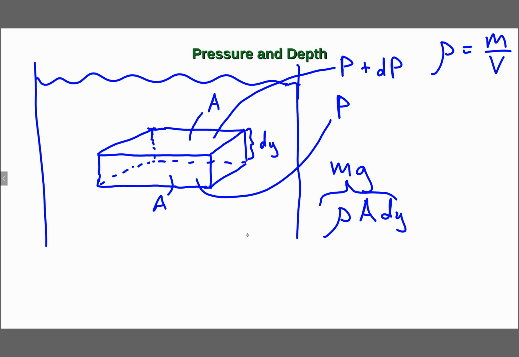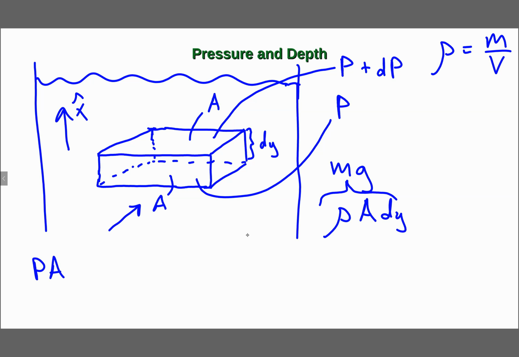So for Newton's second law, I just add up all the forces. We'll make up positive, all right? So in the positive direction, we have the force acting from pressure on the bottom surface, right? And that was P times A, okay? To get a force from pressure, I have to multiply it by the area that the pressure is acting on.